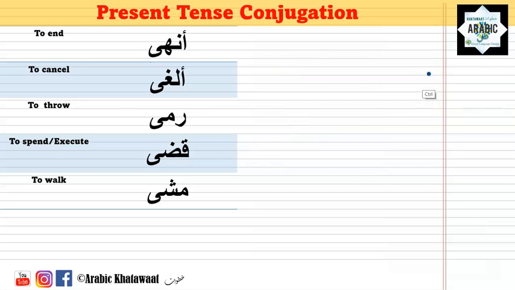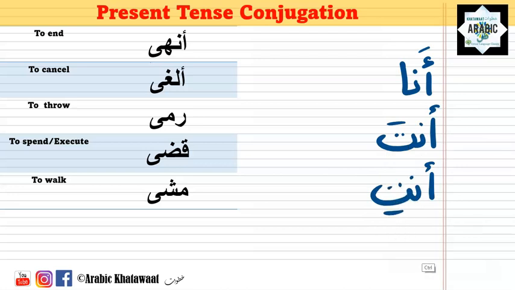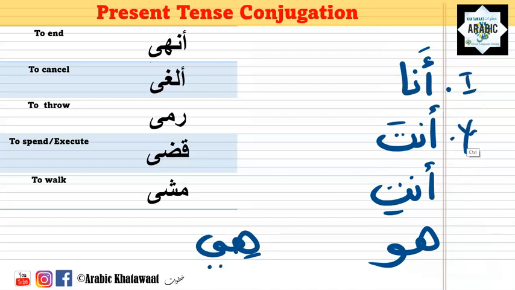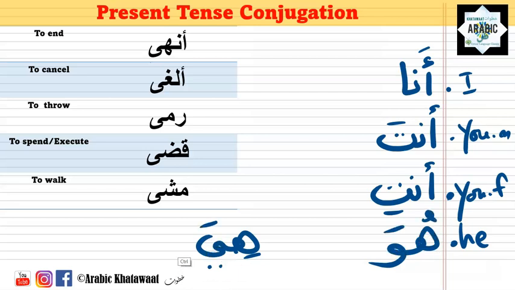So I'll say I, which is أنا, then I'll say أنت, أنتِ, هو, and هي, and we'll learn what these subject pronouns mean, which is I, you masculine, you feminine, and he. It does not hurt to keep reviewing these every single time. This is all acquired information, and the more you practice, the more you will retain these vocabularies.